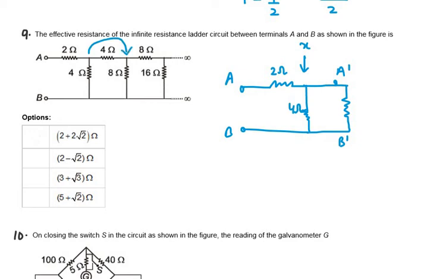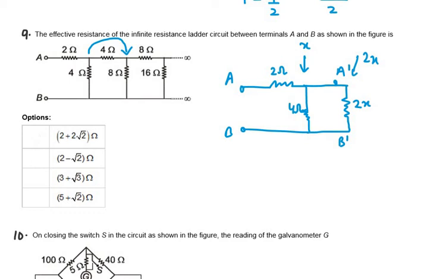the parallel resistances we have are double, like 4, 8 and 16. So if this is x, then this must be 2x. So let us take the effective resistance between A dash and B dash as 2x, and between A and B it is x. We don't know what the effective resistance of A and B is.